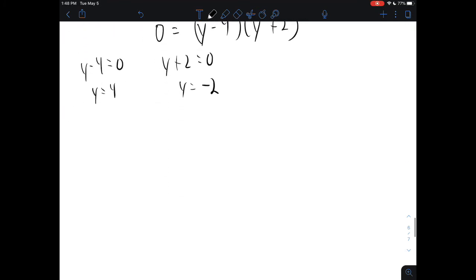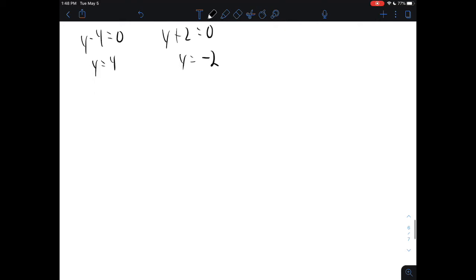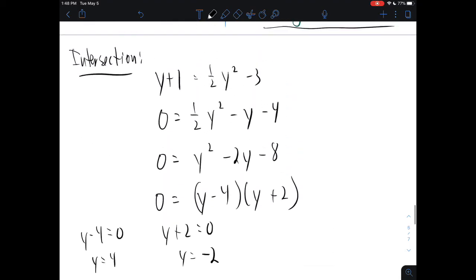So I'm going to have a line, a parabola that opens to the right, and they have to intersect at y equal 4 and y equal, oh, sorry, y equal negative 2. 2, 3, 4. There's y equal 4. Y equal negative 2. Let's start with the line.